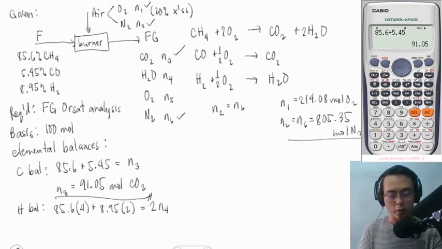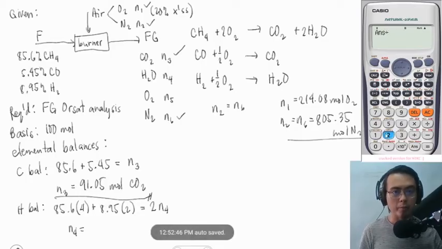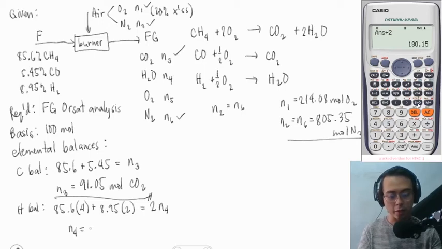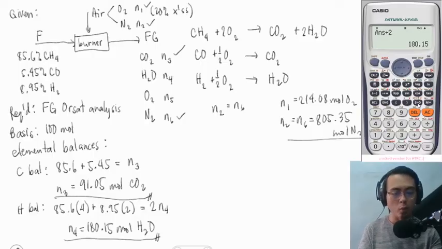We can now solve for the value of N4. 85.6 times 4 plus 8.95 times 2, divided by 2. 180.15 moles H2O. We're done with N4.